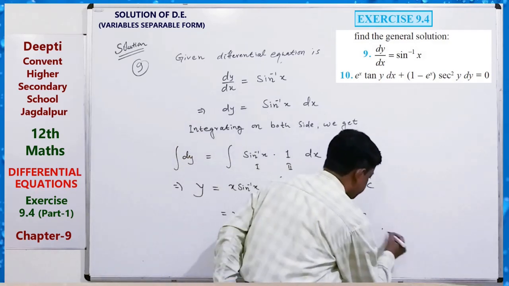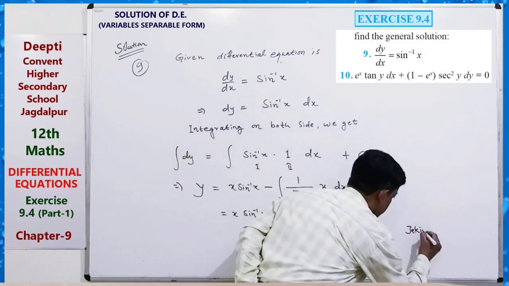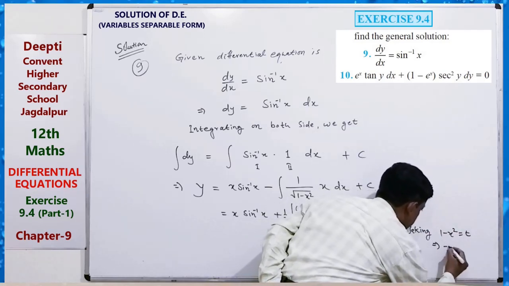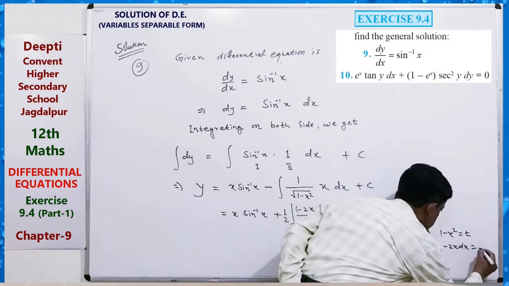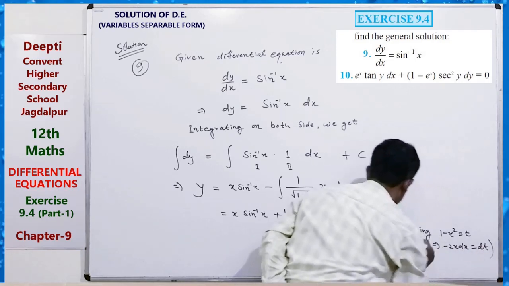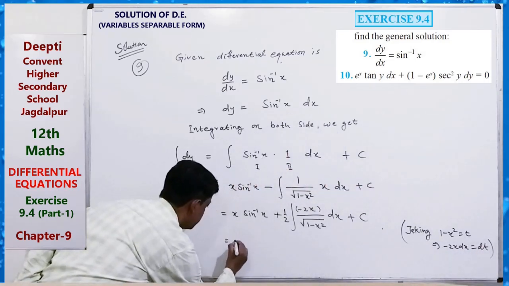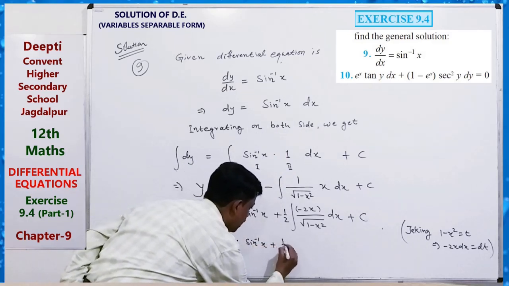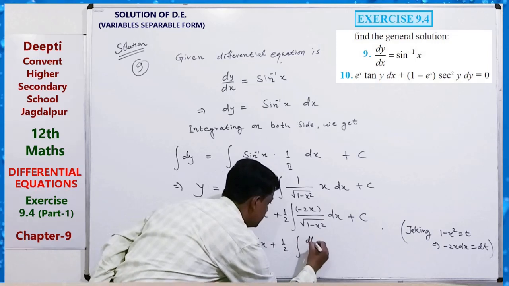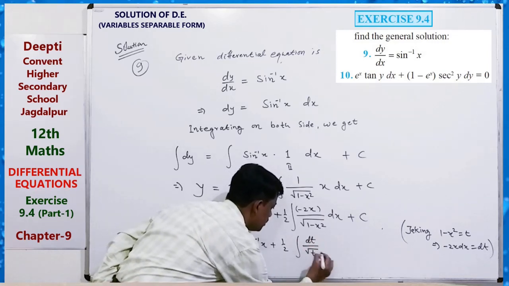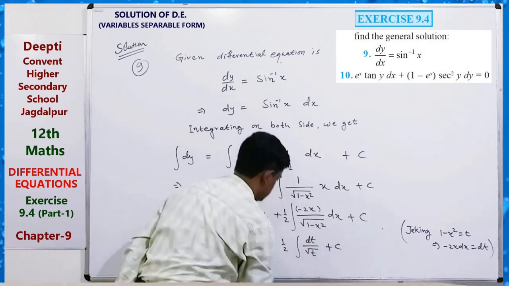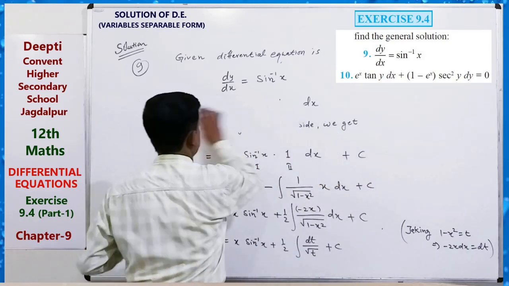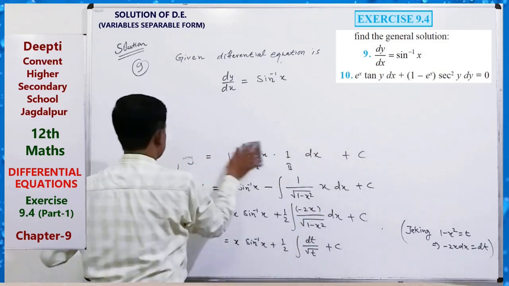So taking 1 minus x square equals to t, minus 2x dx equals to dt, we can write x sin inverse x plus half dt by root t plus c. Now we can solve it.